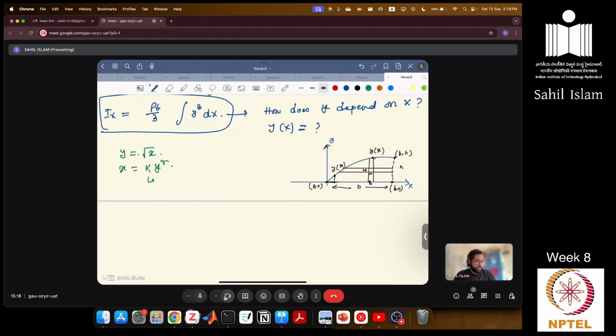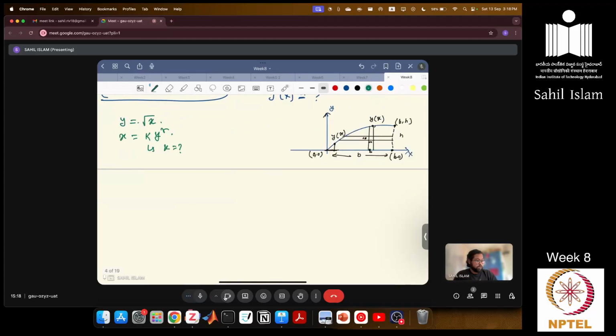Now what is this k? For this k, we know some things. One is that at x equal to 0, y should be equal to 0. If you put x equal to 0 here, you get y equals 0 here also. But at x equal to b, you should get y equals h. So let's put that value. At x equals b, y equals h, so b equals k h square.